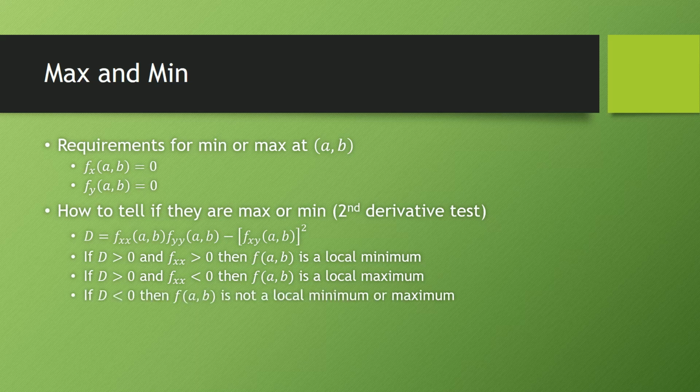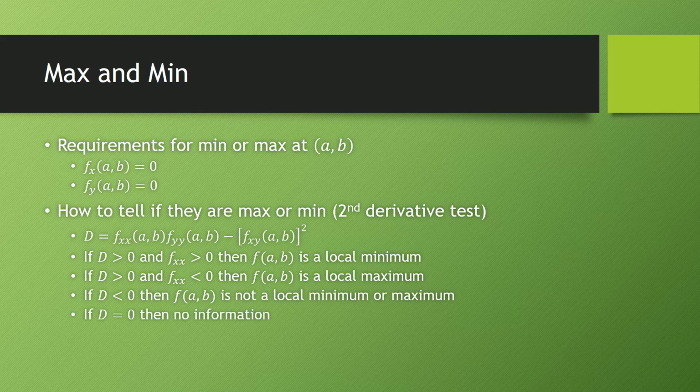Now, if D is less than 0, then it is not a local minimum or maximum, guaranteed. This is usually going to be a situation of a saddle point. So it's the point where if you're looking one direction, it's a minimum, but if you look in the other direction, it's a maximum. So it's not either in that situation. All right.